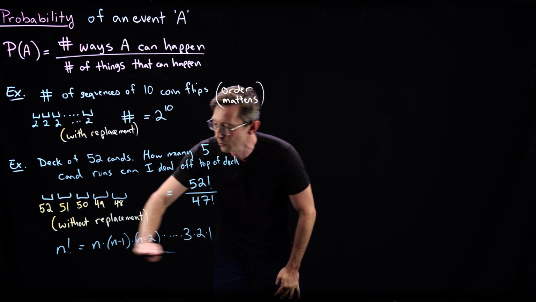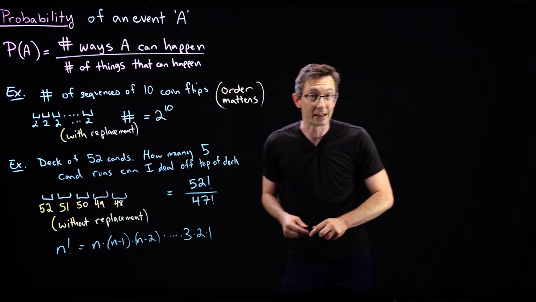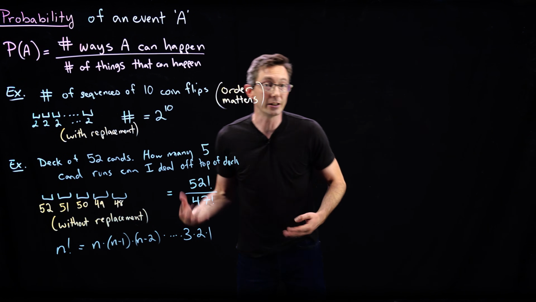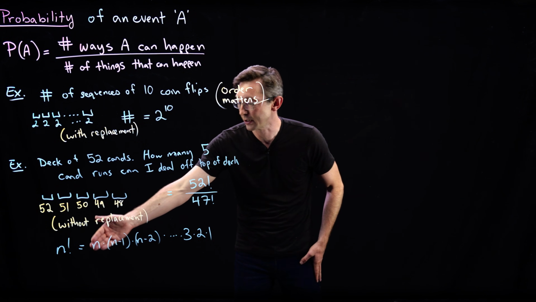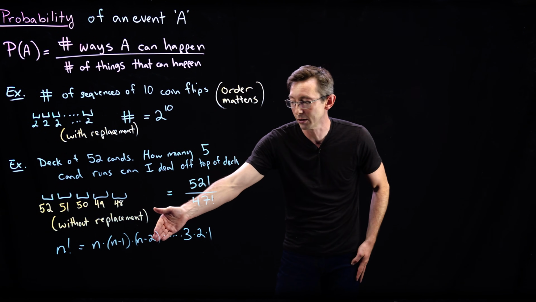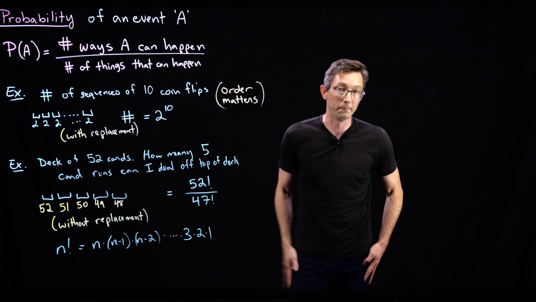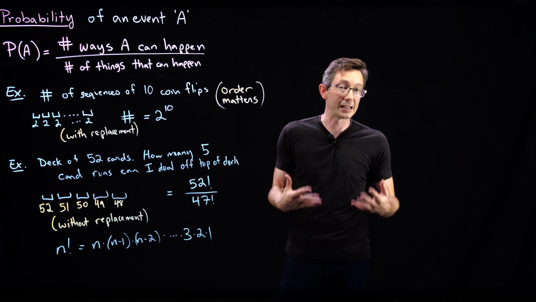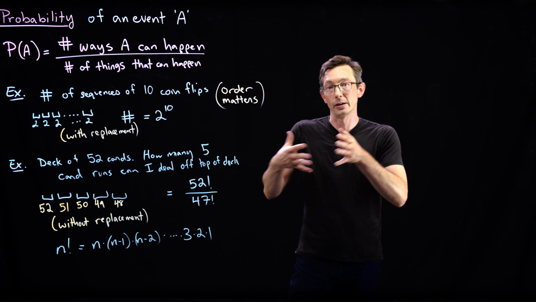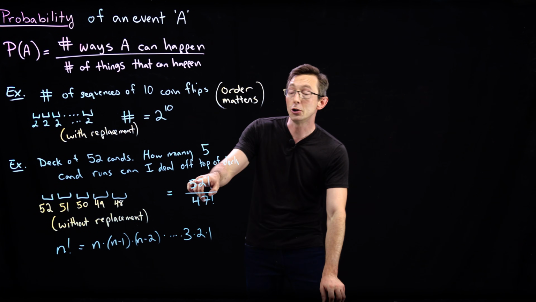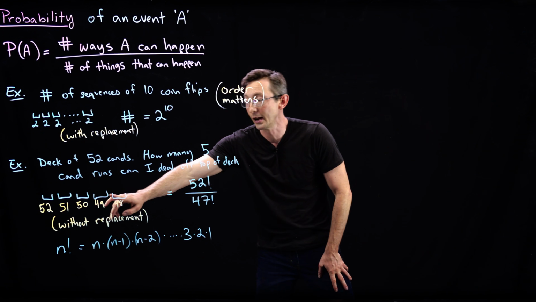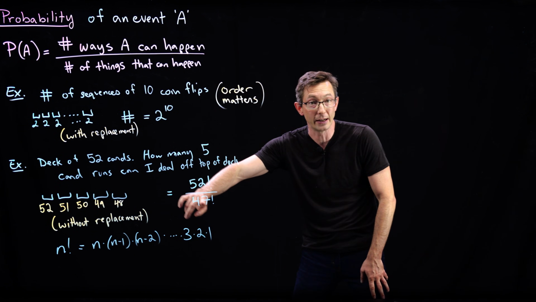This is one of the most useful shorthands in probability and combinatorics. The factorial of an integer is that integer times one smaller, all the way down to 1. So 5 factorial is 5 times 4 times 3 times 2 times 1. 6 factorial is 6 times 5 times 4 times 3 times 2 times 1. 52 factorial is 52 times 51 times 50 times 49 times 48 times 47 all the way down.